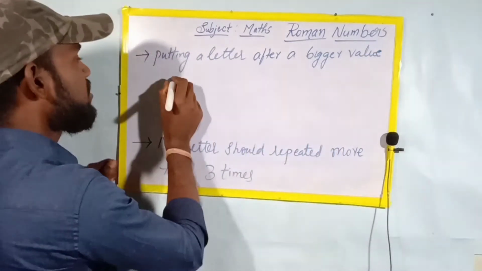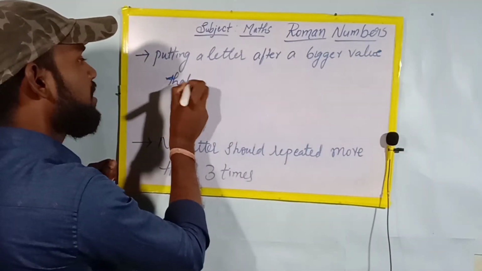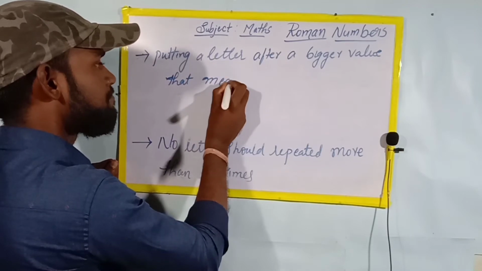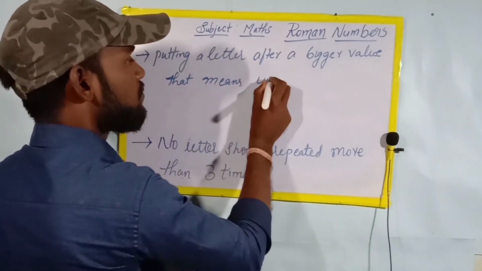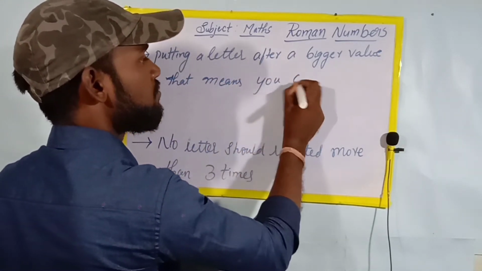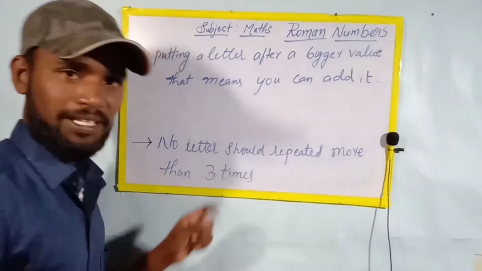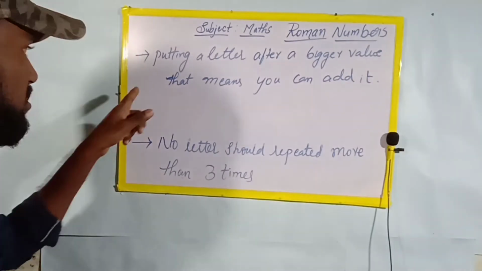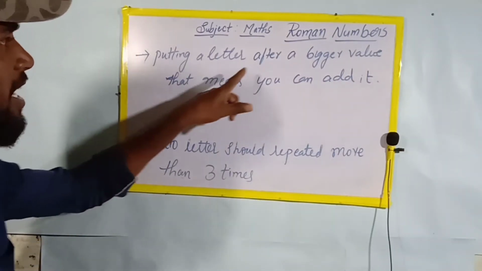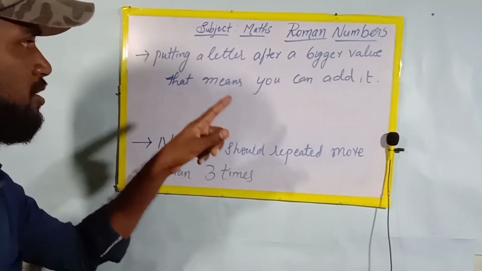Bigger value means, that means you can add it. So I will explain all the meanings of these rules. Okay, putting a letter after a bigger value, that means you can add it.